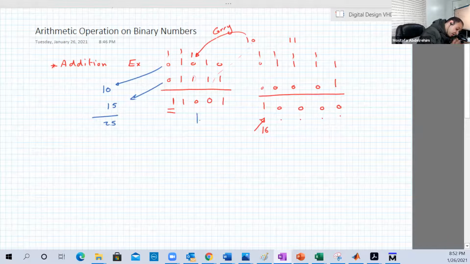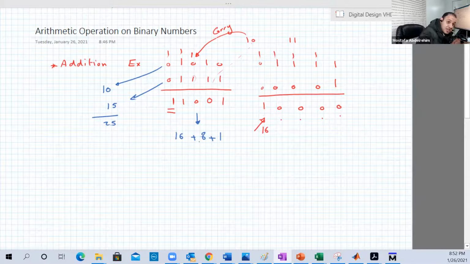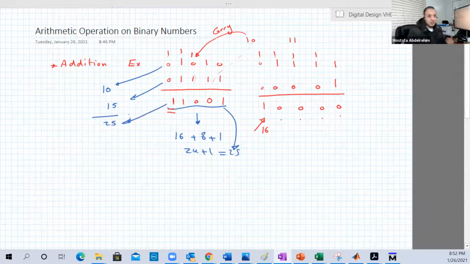Let's verify here. This is 1, then 0s, then 2 to the power of 3, which is 8, and 2 to the power of 4, which is 16. 16 plus 8 is 24, and 24 plus 1 is 25. So this is basically 25, the same result as adding the equivalent decimal numbers.